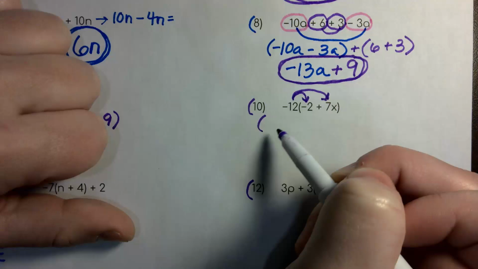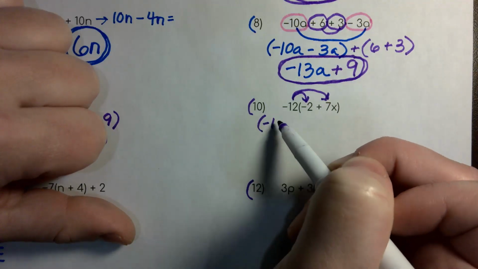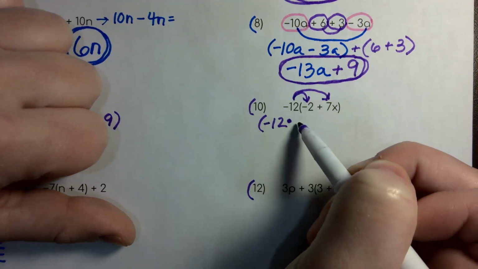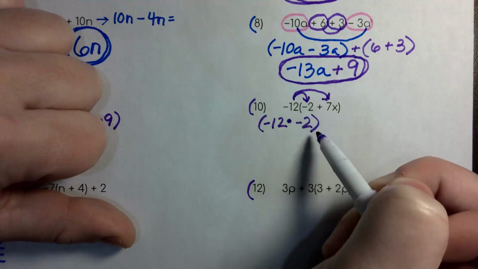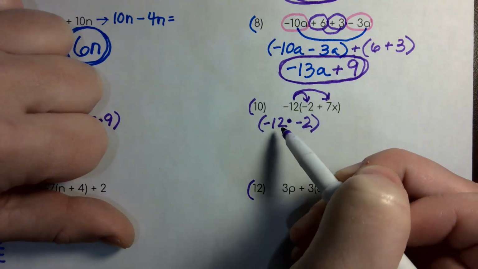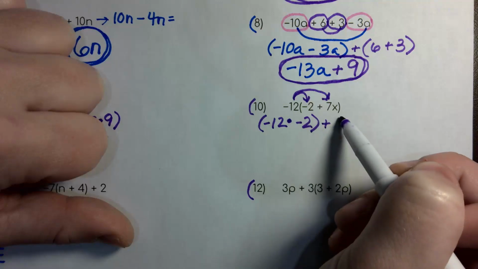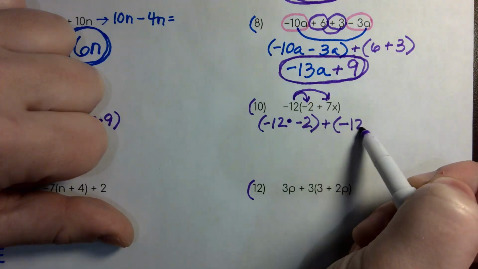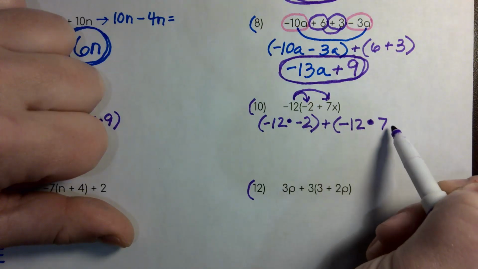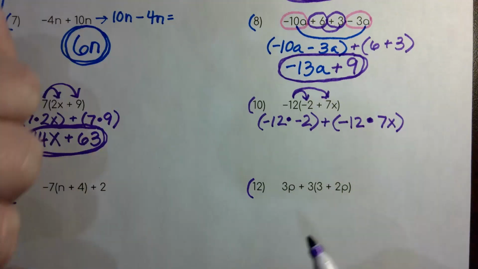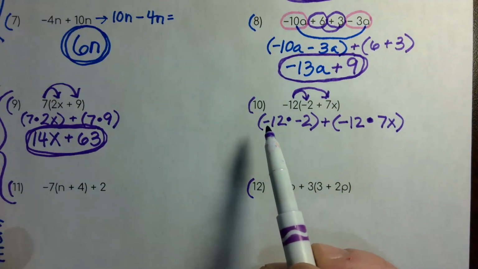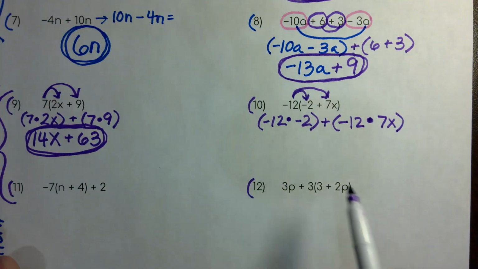So again, I'm going to write underneath just so everyone can see what we're doing. This is optional. If you don't need to write it out, you don't have to. I know I'm going to do negative 12 times negative 2. And then I'm going to do negative 12 times positive 7x. Okay. What's negative 12 times negative 2?